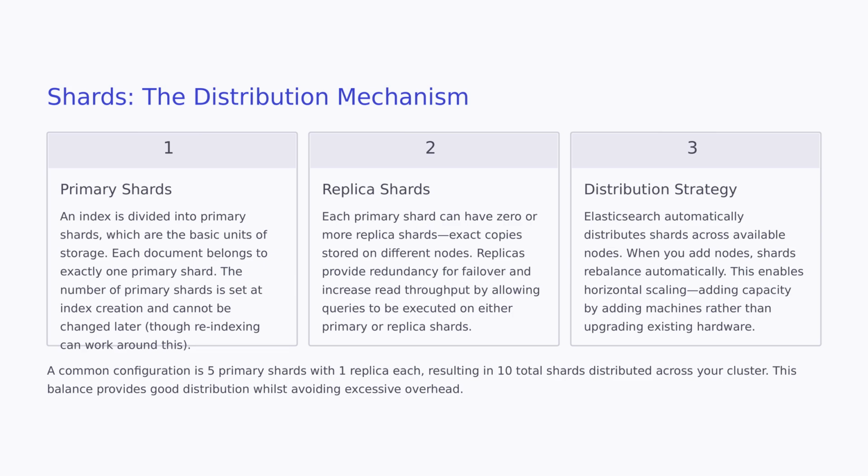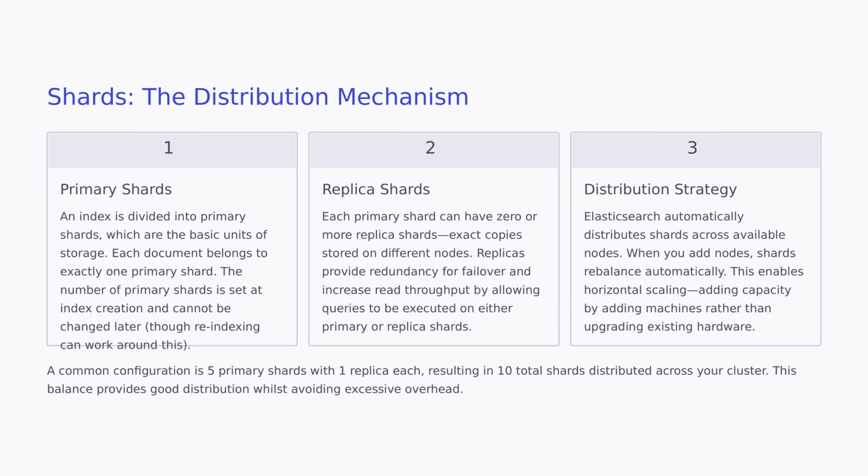Ever wondered how Elasticsearch efficiently handles data distribution? Let's delve into the core mechanism, shards. Firstly, primary shards serve as the foundation, organizing documents into distinct storage units. Meanwhile, replica shards offer redundancy and enhance read performance by existing as exact duplicates on separate nodes.